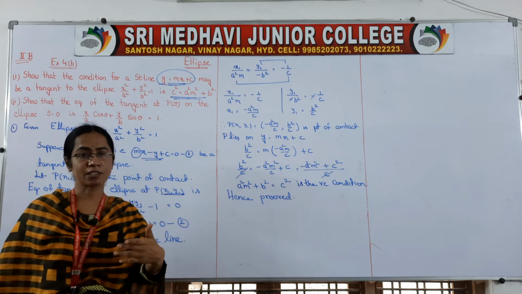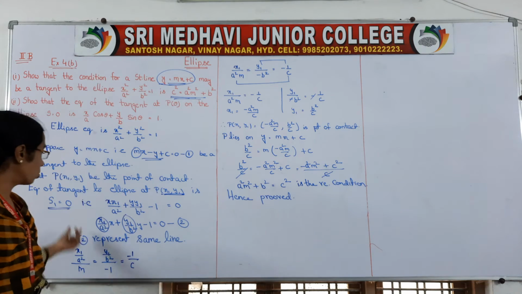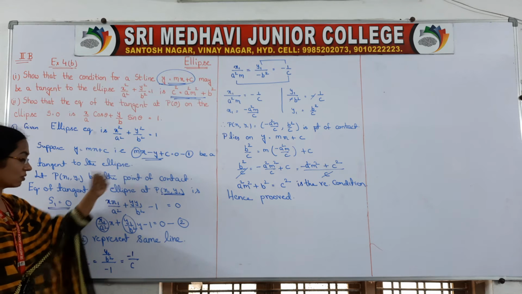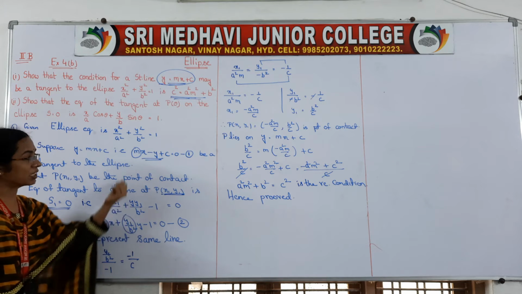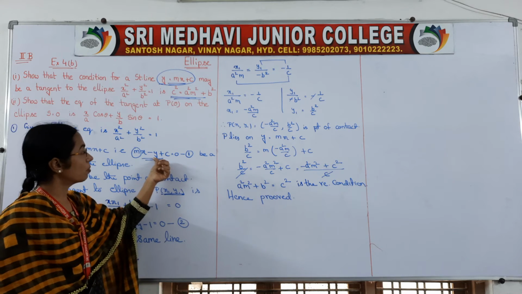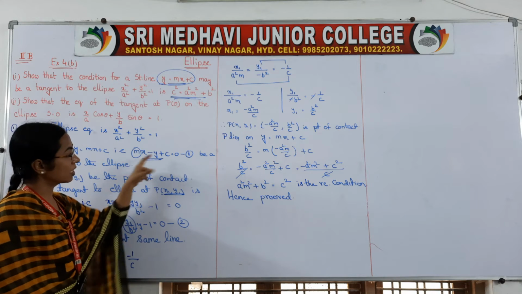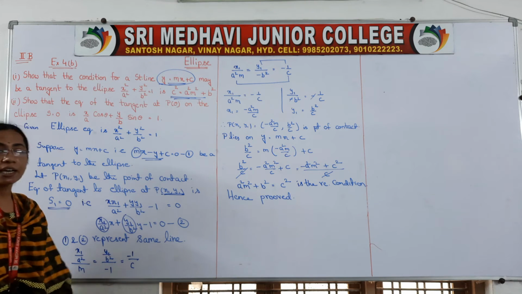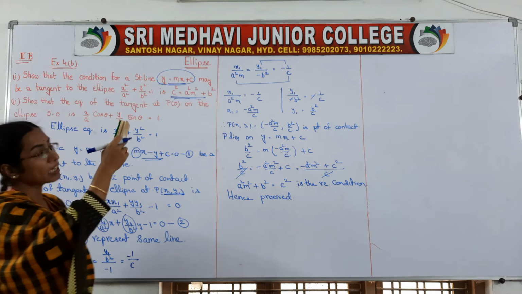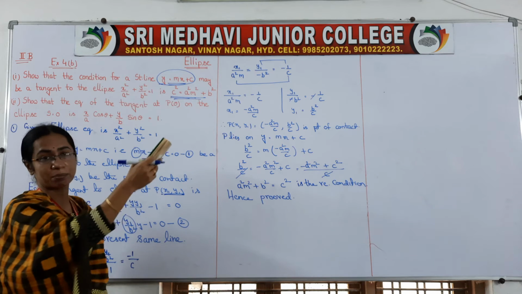We can take first and second or second and first, both will be the same. So x coefficient by x coefficient is equal to y coefficient, and here the y coefficient means minus 1 into y we can write. So minus 1. Then constant is minus 1, here constant is c. So we have equated. Then we got x1 by something is equal to y1 by something is equal to some constant.